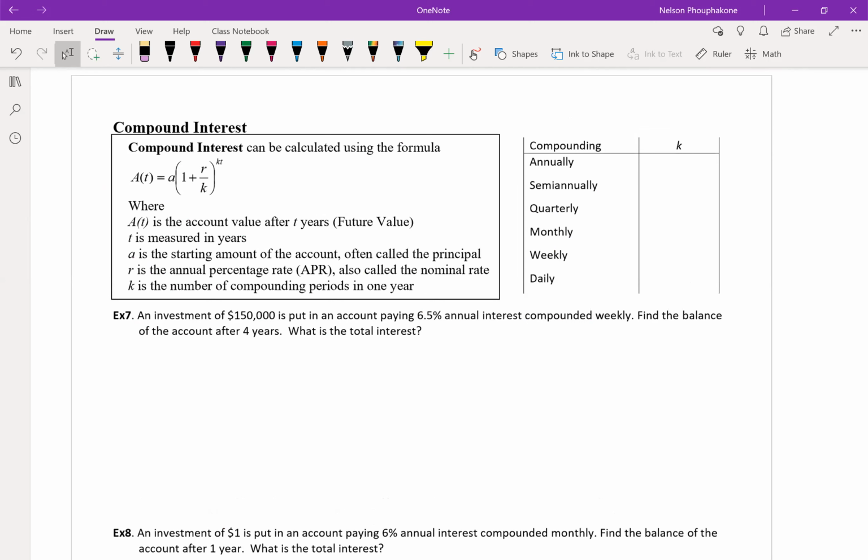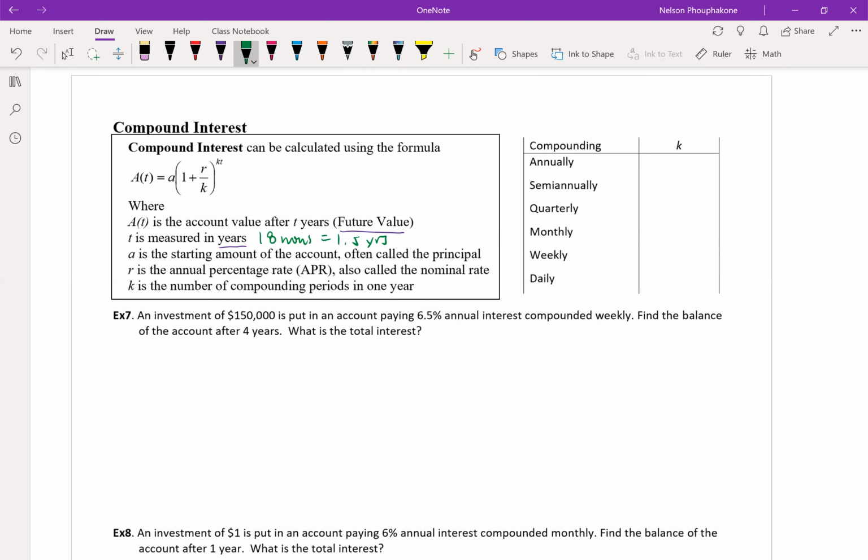And A of t is the account value after t years, sometimes we call it the future value. And t is measured in years always. So therefore, if the problem tells you that I have 18 months, you have to convert it into 1.5 years to plug it in for t.